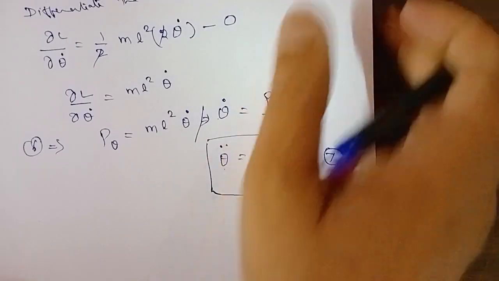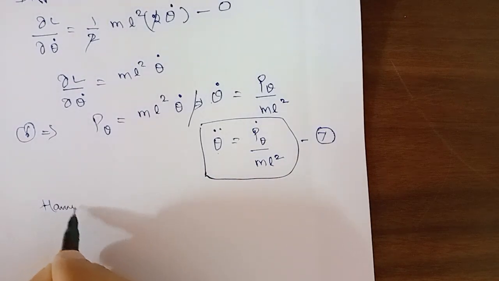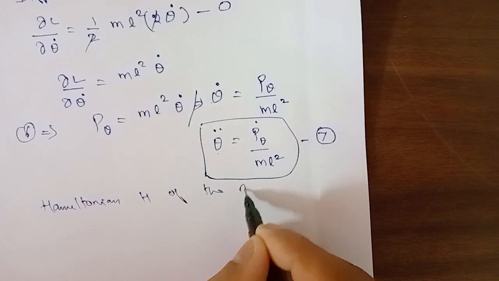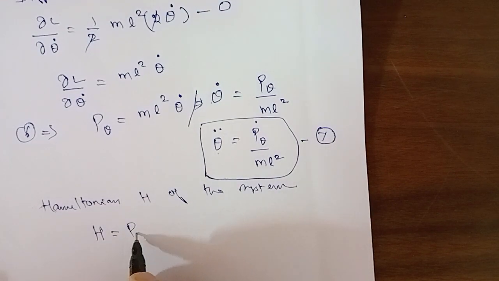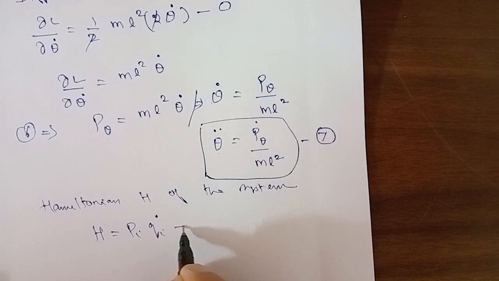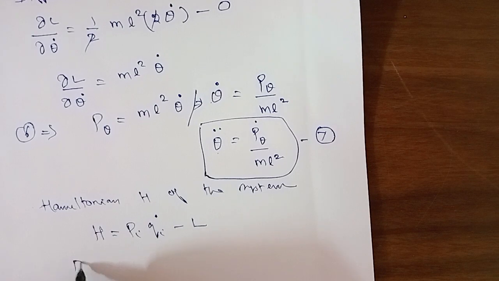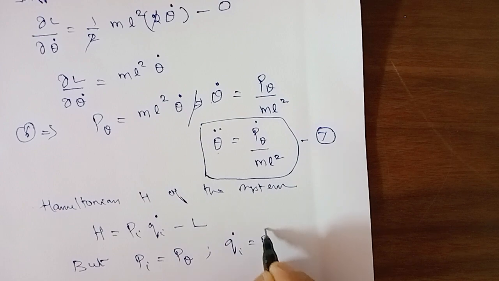Now the Hamiltonian H of the system. We know that H is equal to Pi Qi dot minus L. But here in the simple pendulum, Pi is equal to P theta, and Qi dot is equal to theta dot.